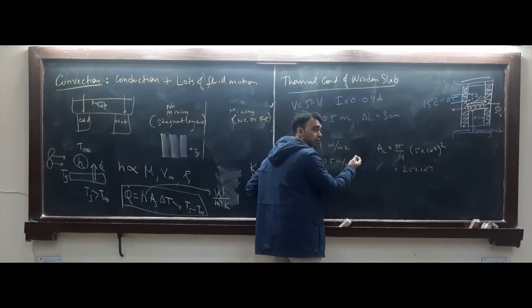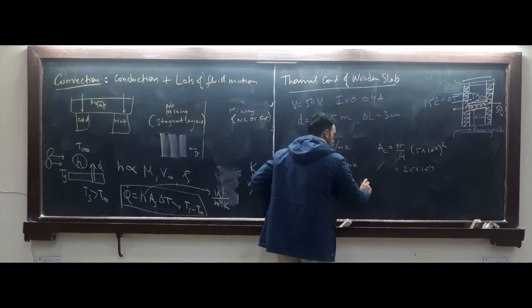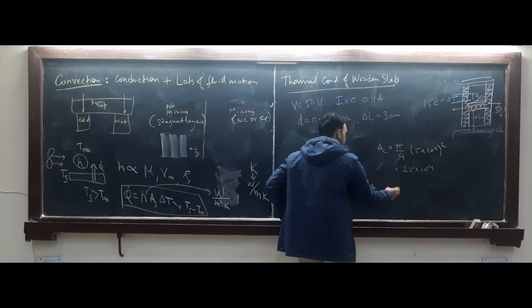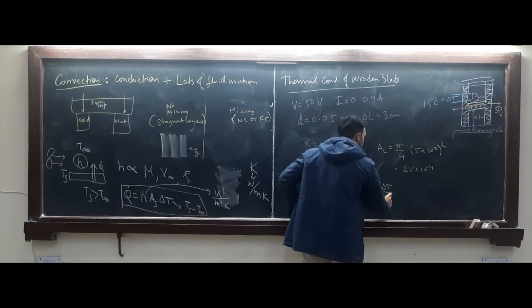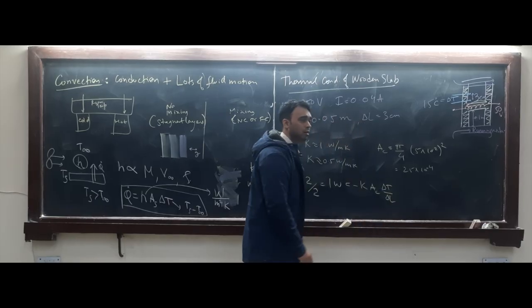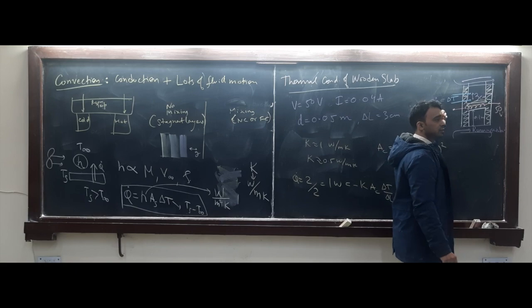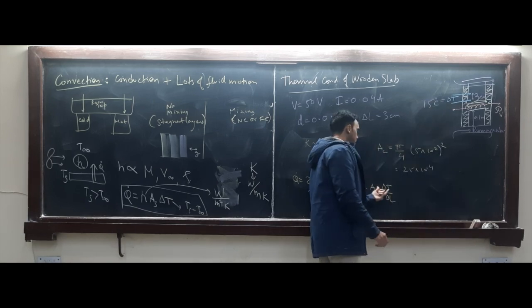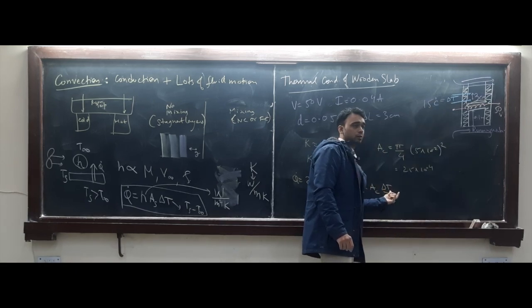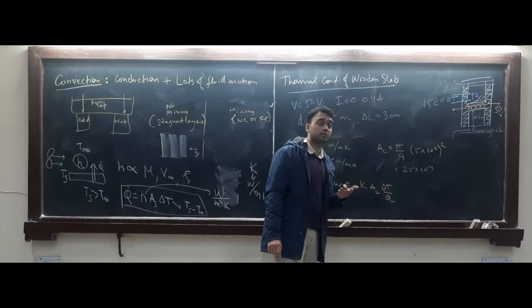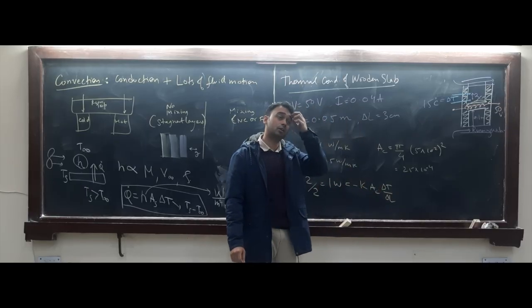And now, how would you find conductivity? You know Fourier's law of conduction. So minus K AC delta T by delta L. The temperature difference is 15 degrees Celsius, so that would be minus 15. Yes, conductivity cannot be negative, that would violate the second law of thermodynamics.